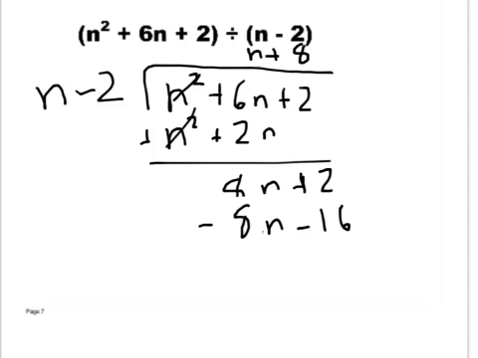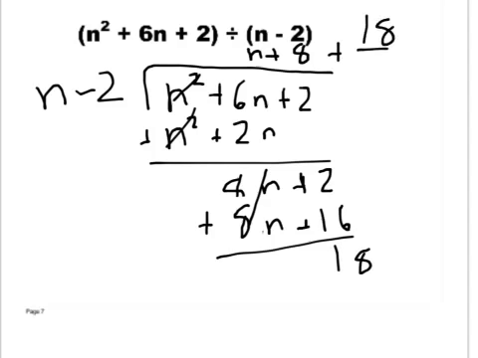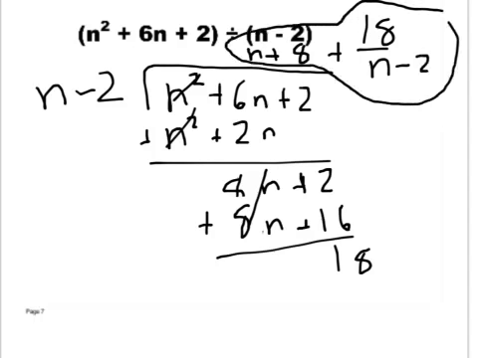Those would cancel each other out, and those would become positive. What is 2 plus 16? Okay, that's my remainder, over n minus 2. There's my answer: n plus 8 plus 18 over n minus 2.